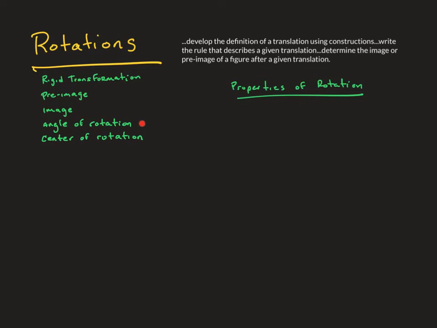So when we talk about rotations, we're going to have a pre-image, we're going to have a new image. It's going to have an angle of rotation, and then that angle of rotation is going to be based on a center of rotation, all maintaining the rigid transformation of its size, shape, length, lines, angles, etc. So our properties are going to maintain that rigid transformation, but our points are going to be rotated in a given direction, either clockwise or counterclockwise.